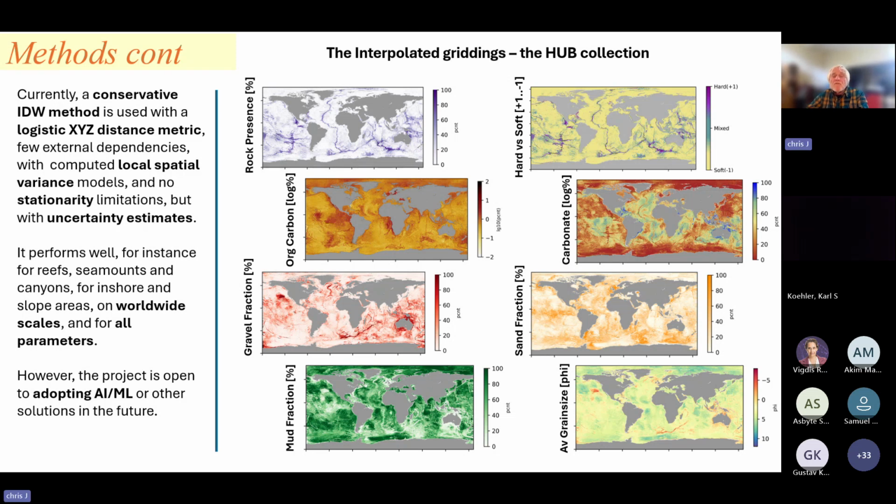All right, so that performs really well, and we can see it performing really well around seamounts, difficult areas, canyons, reefs. It really does what we think is a very good job there. I will say, however, we are still open to using other techniques.